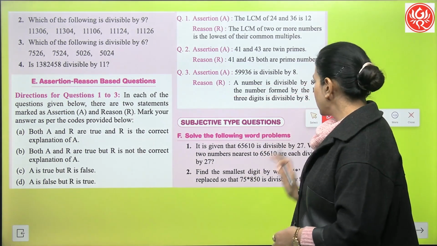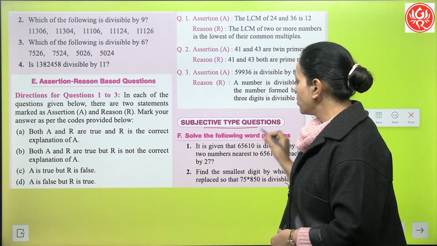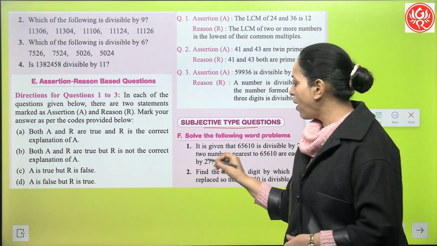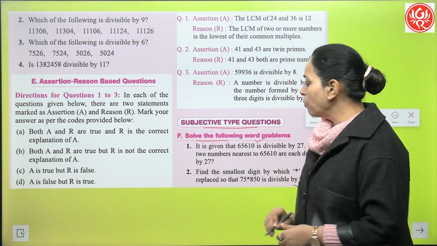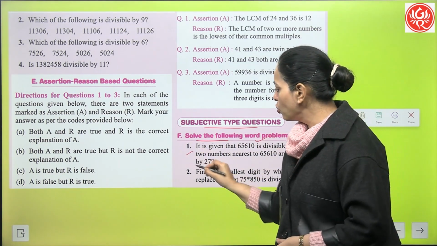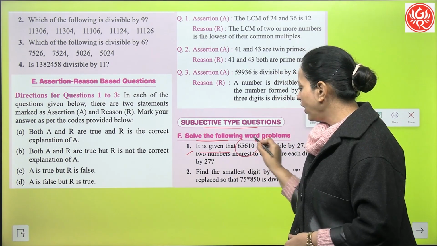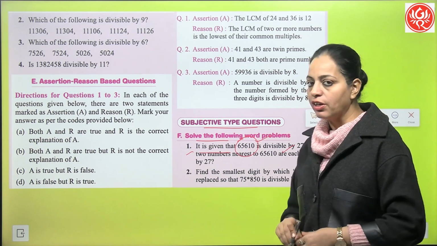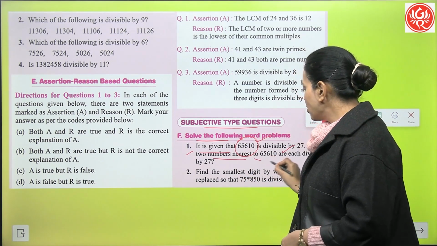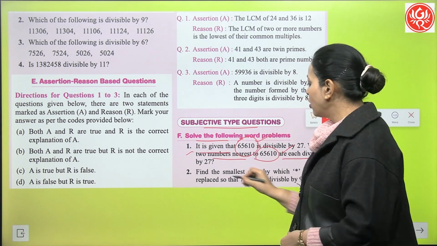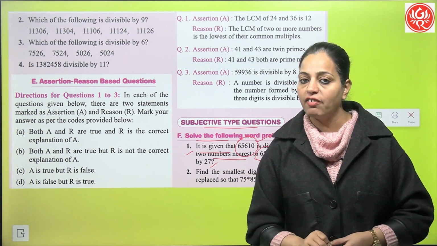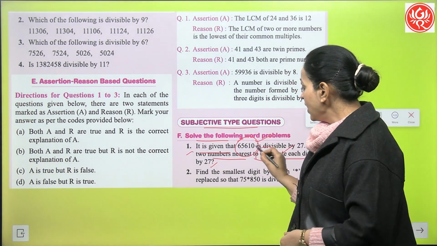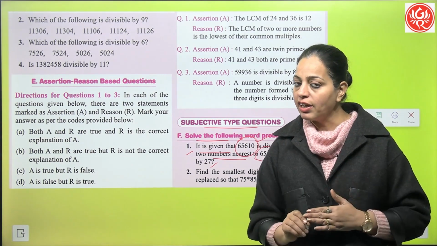So I hope this is clear to you. Now we have subjective type question like F part. Solve the following word problems. Like here first question, it is given that 65,610 is divisible by 27. So which two numbers nearest to this number are each divisible by 27? तो हम क्या करेंगे, इस नंबर में प्लस 27 कर देंगे.